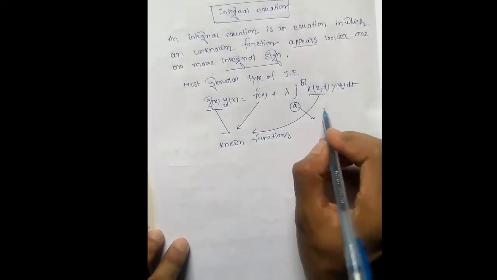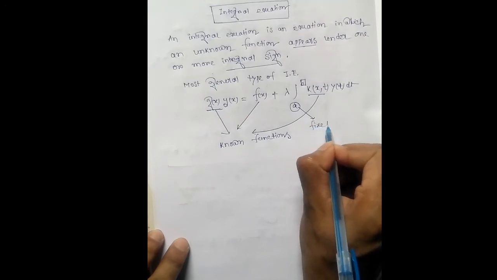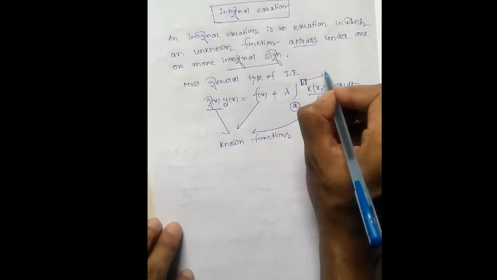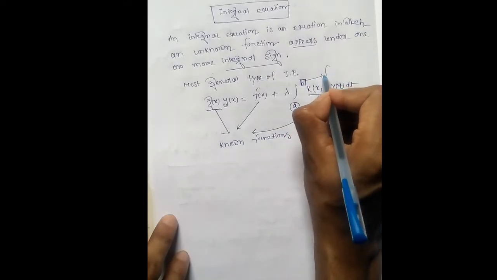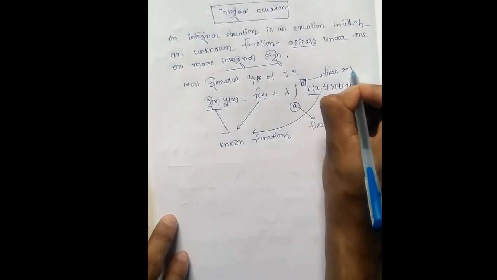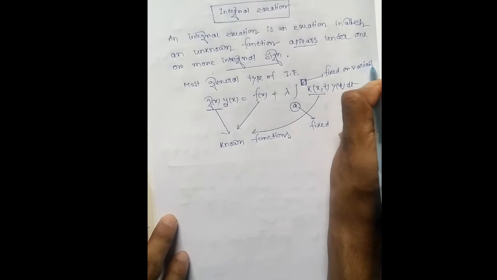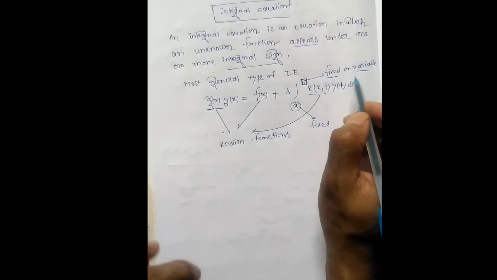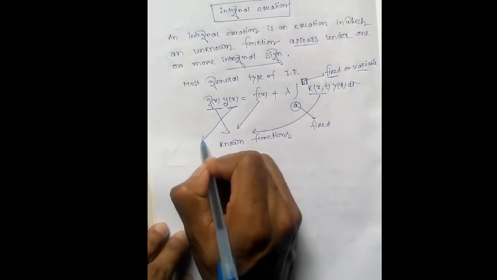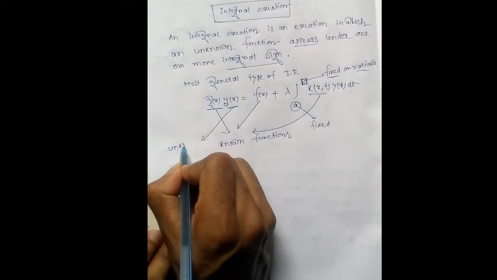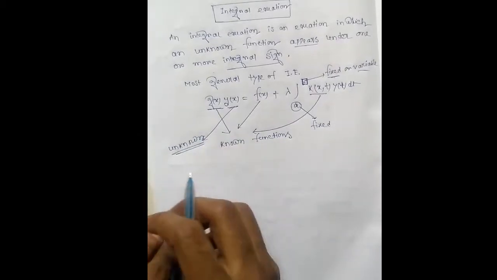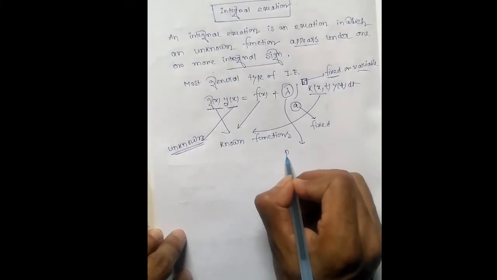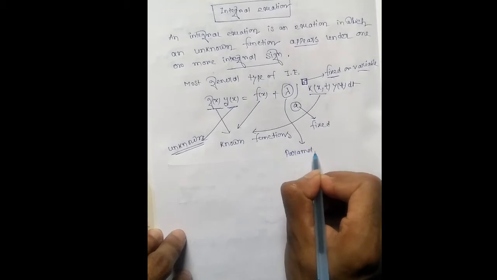Where the lower limit is fixed, that is constant, and the upper limit is either a constant, that is fixed, or variable. And this y(x) is an unknown function, and this lambda is a parameter.